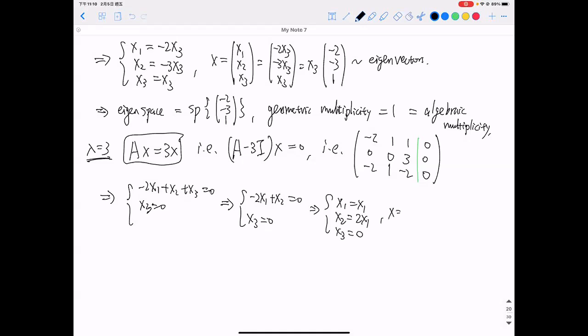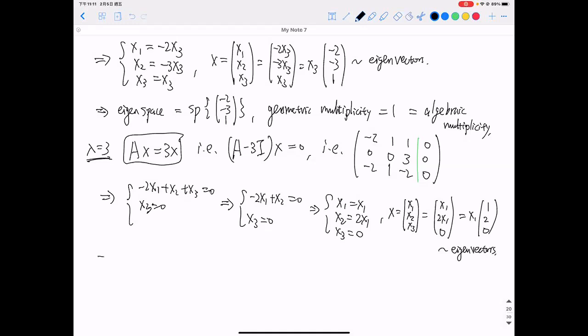So the vector x can now be described. It's x1, x1 for x2, and 0 for x3. So this is x1 times the vector 1, 1, 0. These are all the eigenvectors.